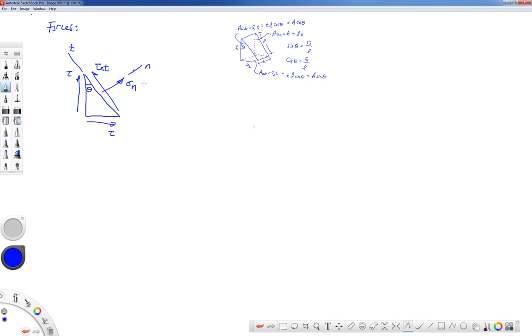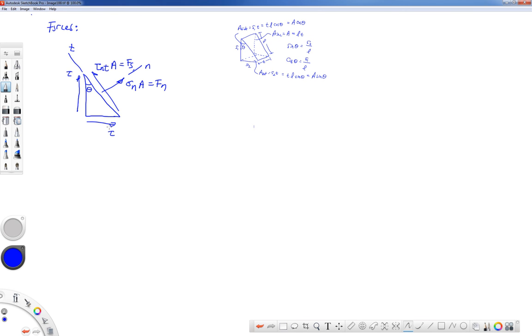All right, so the area of the inclined plane was A, so the force would be sigma n times A. I'm going to call that Fn, and this force Fs would be equal to the shearing stress times A.